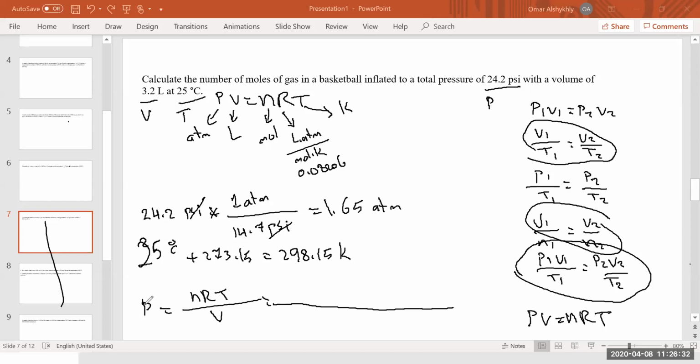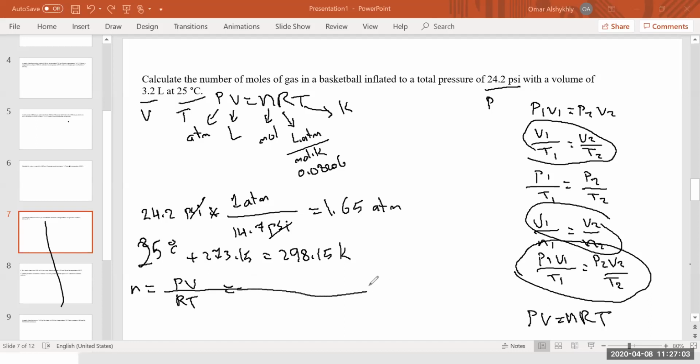So here, N will equal the PV divided by RT.